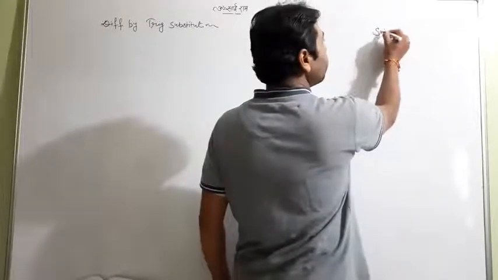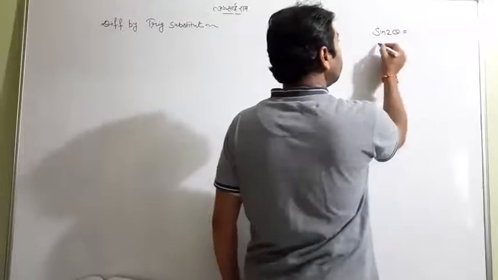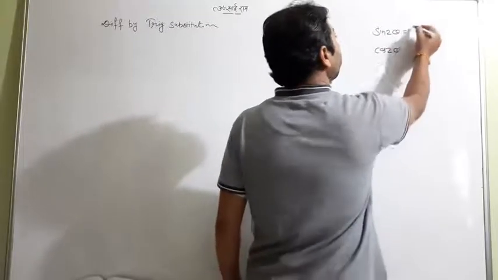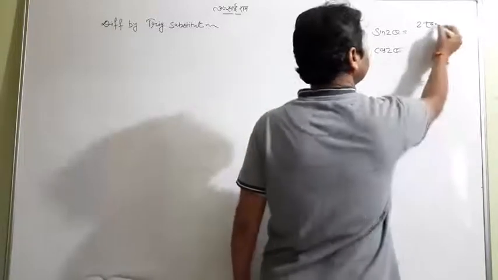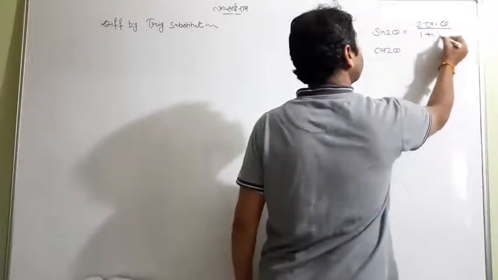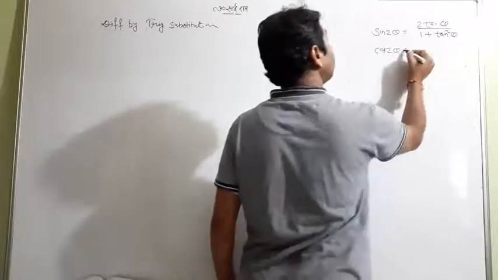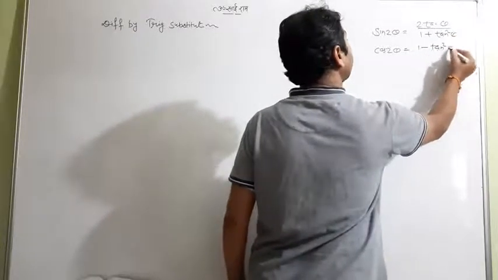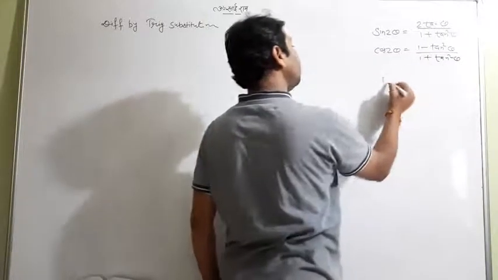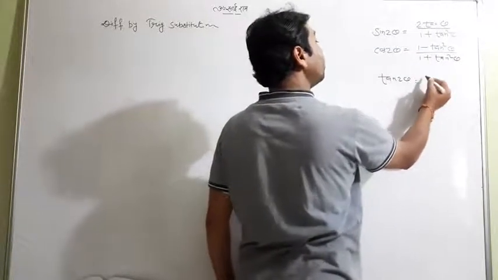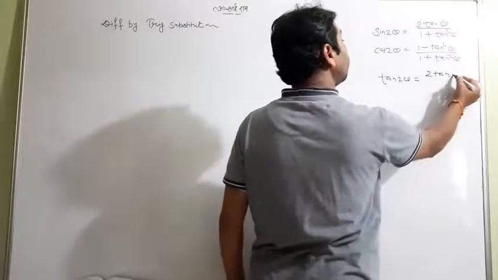You remember that I wrote the formula of sin 2 theta, which is 2 tan theta upon 1 plus tan square theta, and cos 2 theta, which is 1 minus tan square theta upon 1 plus tan square theta, and so on. Similarly for tan 2 theta, we had the formula 2 tan theta upon 1 minus tan square theta.